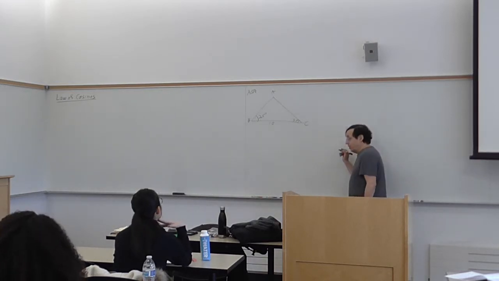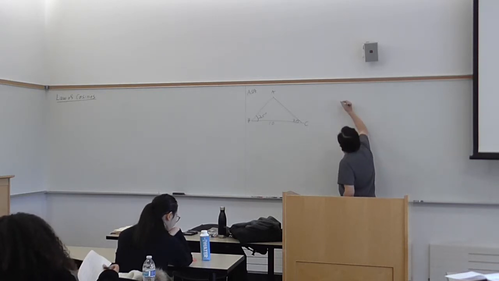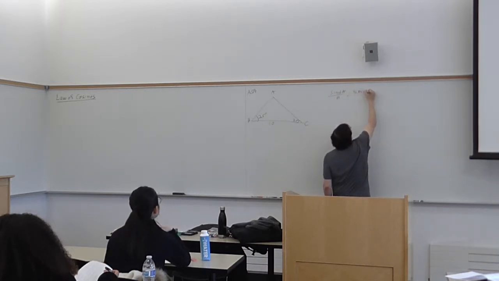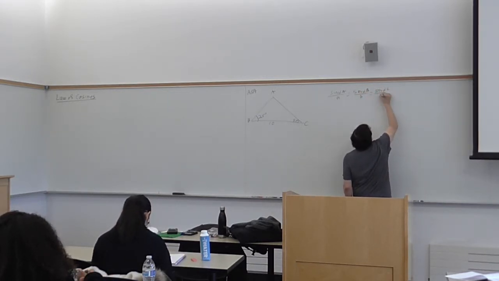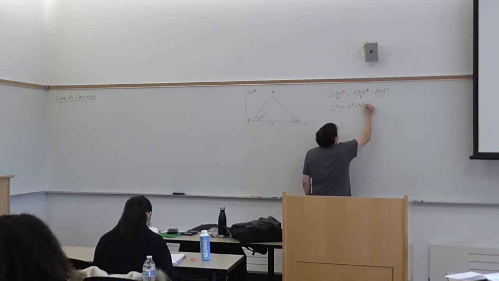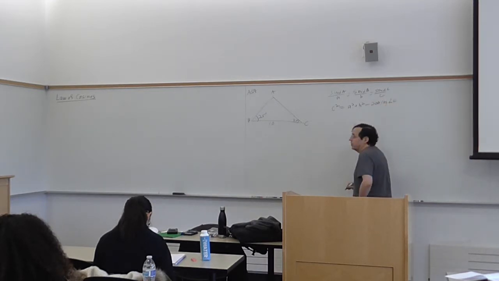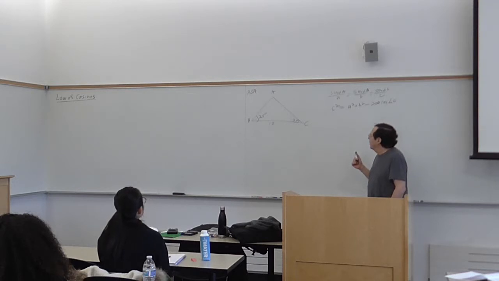So we're going to use the law of sines, want to try that? I'll write them up on the board too. Sine of angle A over A equals sine of angle B over B equals sine of angle C over C, and C squared equals A squared plus B squared minus 2AB cosine angle C. Can you apply the law of cosines here? No, because I didn't see that second angle there.